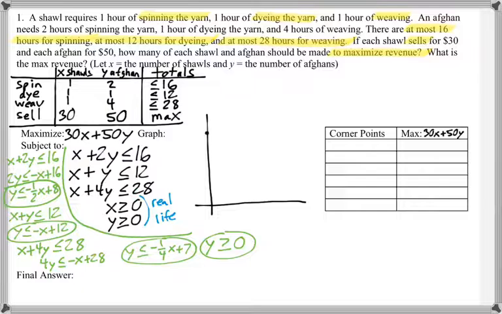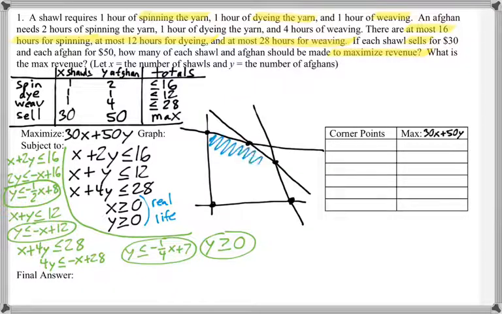So it's going to look something like this. And this is our feasible region. And we have 5 corner points that we need to find.